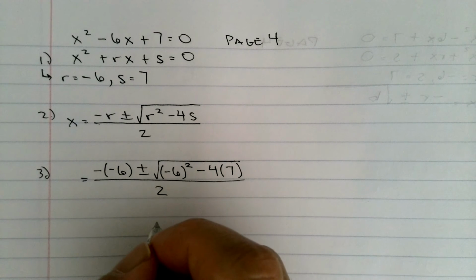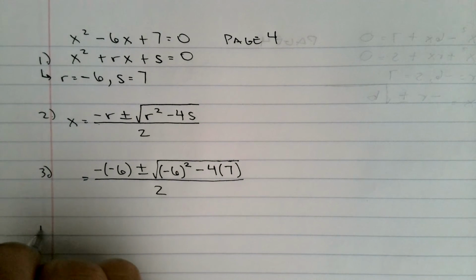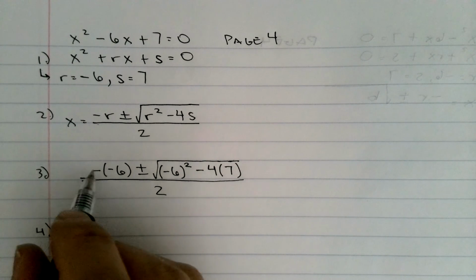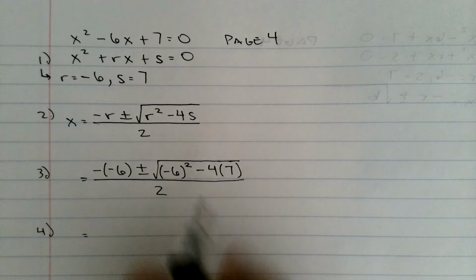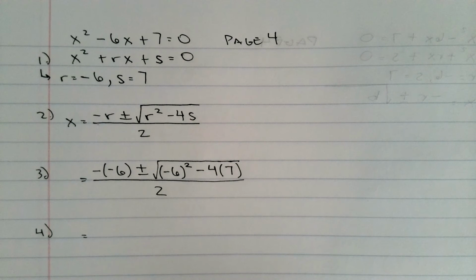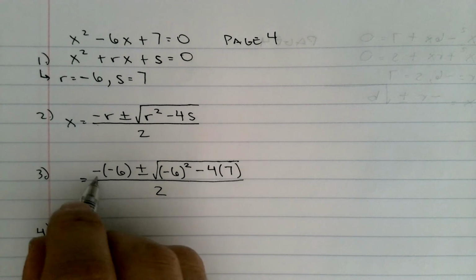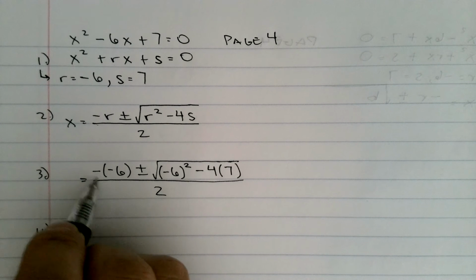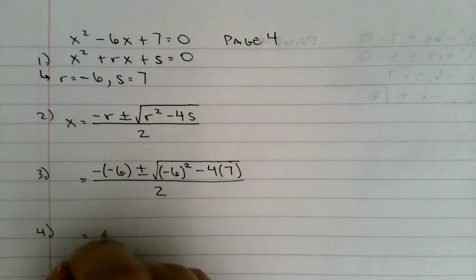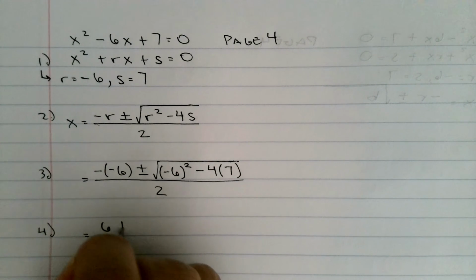Step 4 just says, now we're going to simplify. By simplifying, I'm going to change signs where I need to and multiply things out, and we want to eventually get an answer or multiple answers here. So we're starting off with the negative r, which was -6. Well, a negative times a negative is a positive, so that becomes +6.